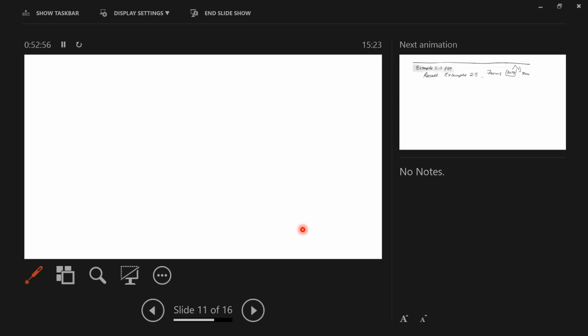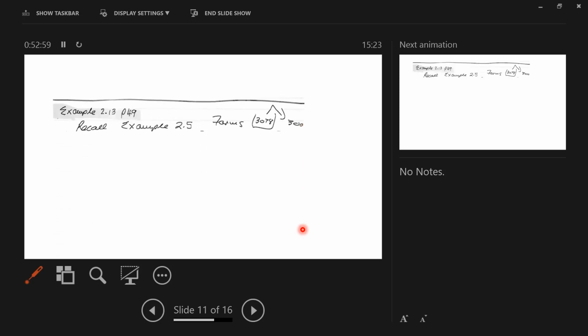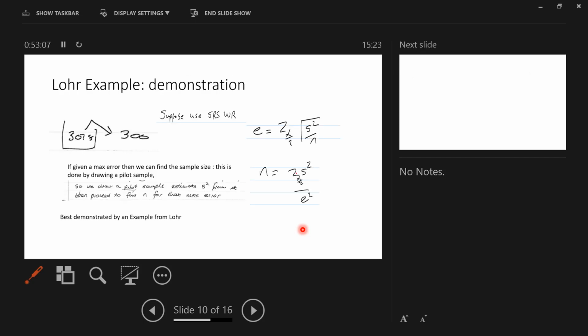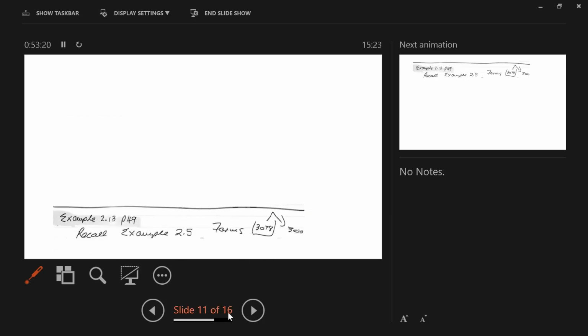Now, the best way to show you this whole process, in other words, what we've said in the end, is the way that we know what sample size to pick: the s squared will come from your pilot sample, the manufacturer will tell you what error he's happy with, and you'll work out the sample size.